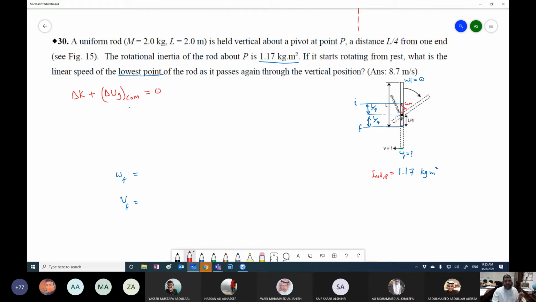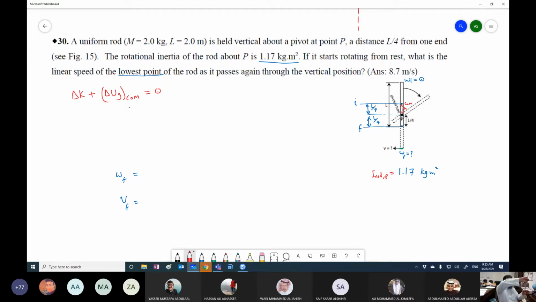If it starts rotating from rest here at the vertical position، كانت فوق started from rest. Okay, and you leave it. Okay, we want to know what is the linear speed of the lowest point of the rod as it passes again through the vertical position. فكانت هنا vertical ونزلت صارت horizontal وفي الأخير صارت vertical again.